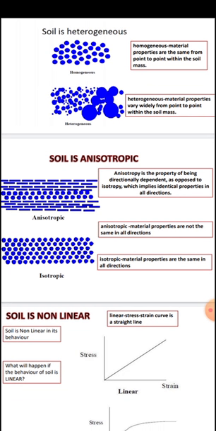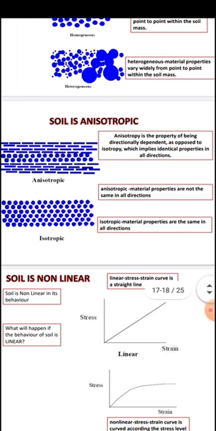But if it is consistent in a typical direction, then it will be called isotropic. In real scenarios, soil is declared as anisotropic because the properties are not the same. We have different layers of soil in our underground surface.